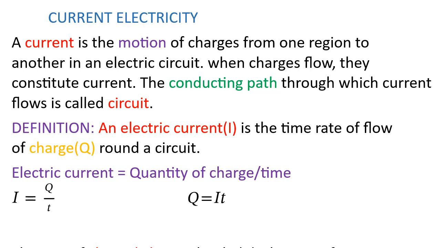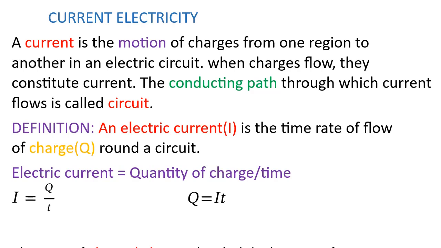Topic: current electricity. A current is the motion of charges from one region to another in an electrical circuit. When charges flow, they constitute current. The conducting path through which this current flows is called a circuit.